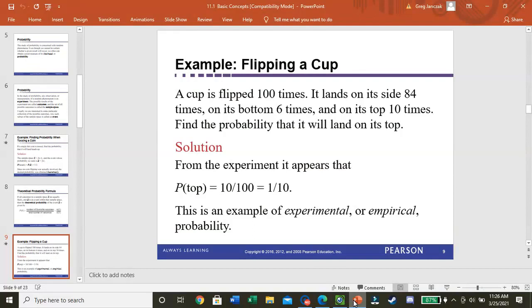Okay, so this is an example of an empirical probability where it was actually performed. Okay, empirical probability where we're actually, in this case, flipping a cup versus maybe rolling a dice. So when I told you we did an experiment with 1,000 rolls, that would be considered an empirical probability.